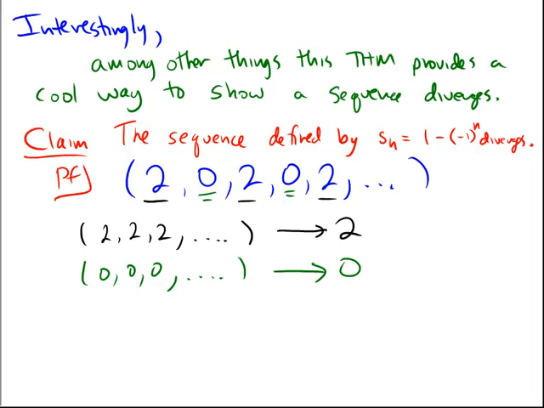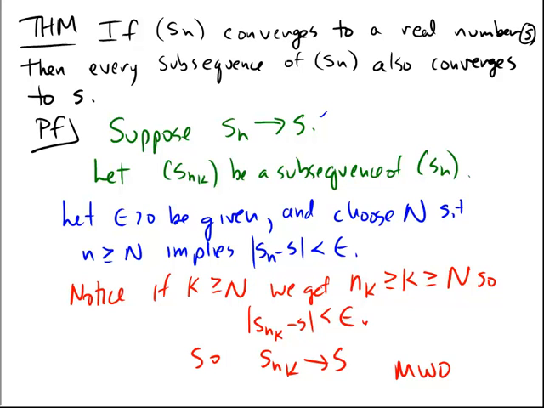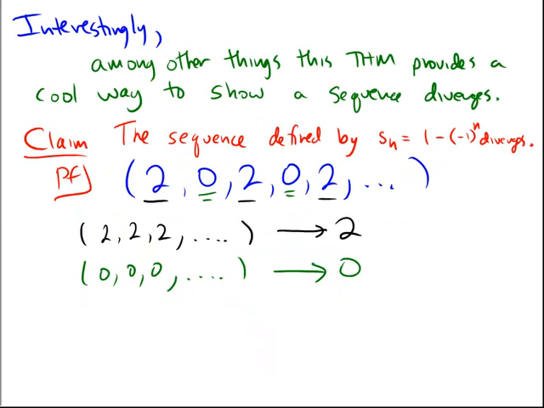Right? But look back real quickly. That means that not every subsequence of s sub n converges to the same value s, so therefore the original sequence does not converge. So we end up having two different subsequential limits, and if we get that, then there's no way that the original sequence could ever have converged. So that's a pseudo MWO, because I'm doing it more as an example here.